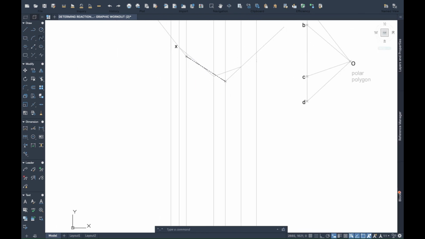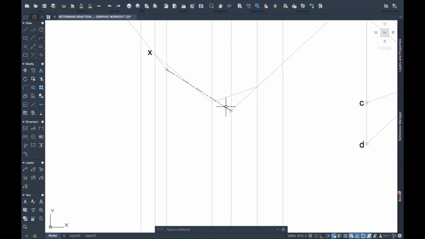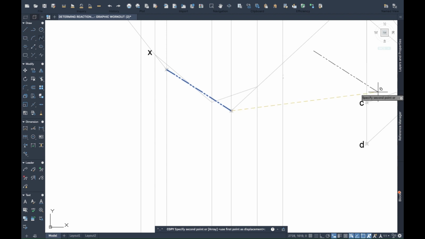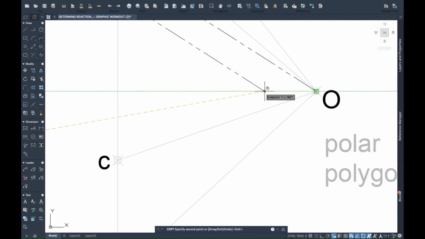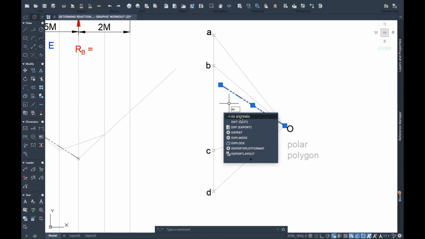Now once we connect this line there, we are going to copy this. And once we copy from here to there at the center of the polar polygon, we extend EX.